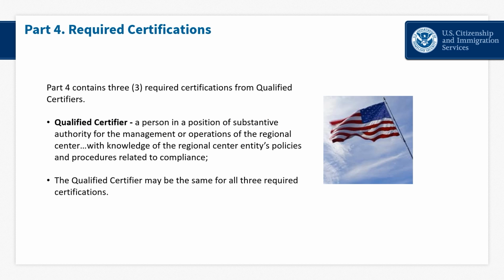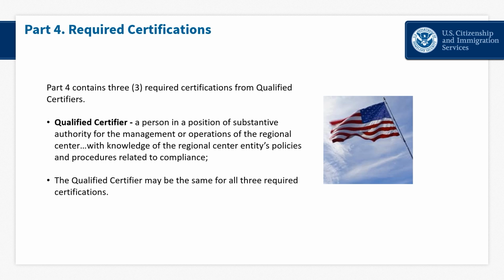Part 4 requires 3 separate certifications and the signatures of qualified certifiers. A qualified certifier is a person in a position of substantive authority for the management or operations of the Regional Center, such as a Principal Executive Officer or Principal Financial Officer, with knowledge of the Regional Center entity's policies and procedures related to compliance with applicable requirements.